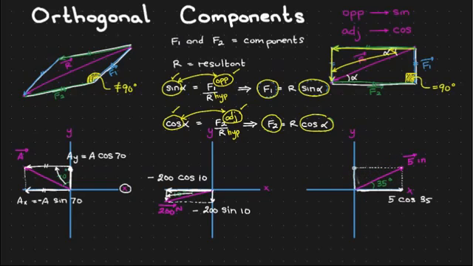That would be my component of the 5 inches along y, and that component is equivalent to this component, which is opposite of 35 degrees, so therefore this is 5 times sine 35.